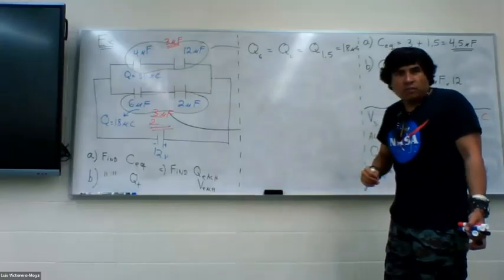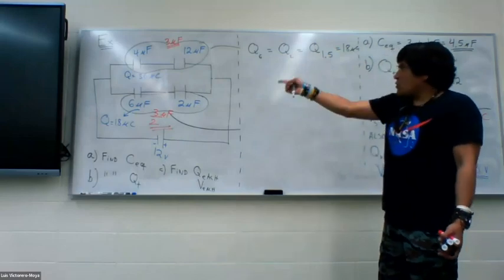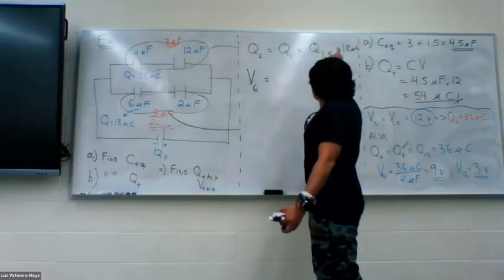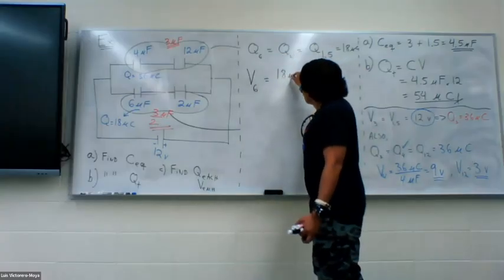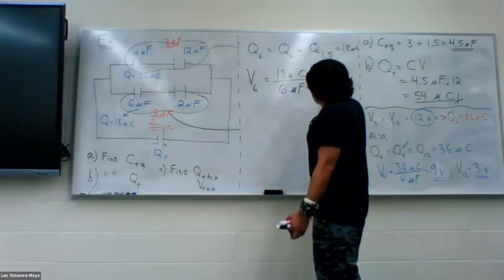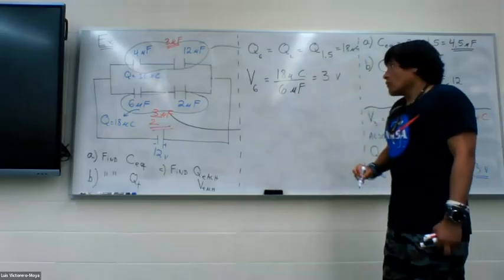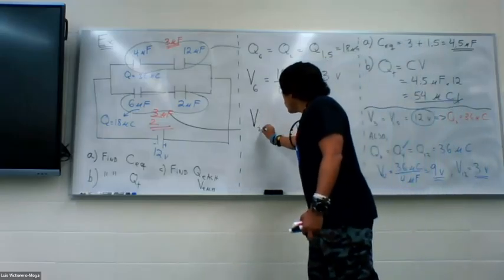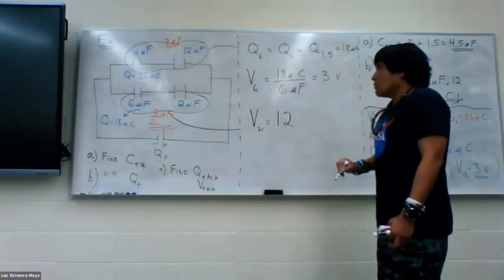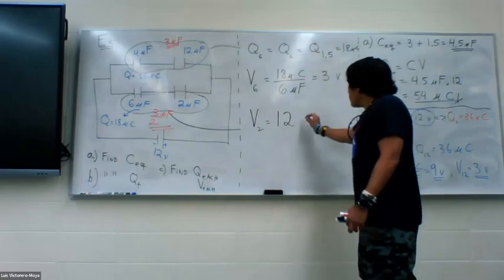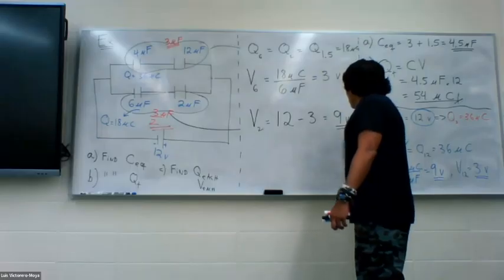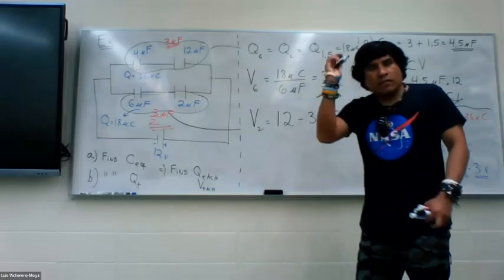You already found the Q on each. What about the voltage on 6? Well, the voltage on 6 will be the charge on 6, which is 18, divided by the capacitance. And what's that? 3 volts. The voltage on 2, you can just say, is equal to the voltage given minus 3 volts. And that's how you split the voltages.